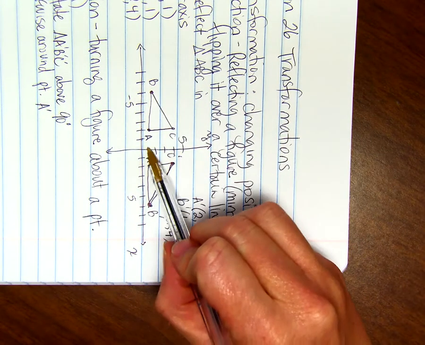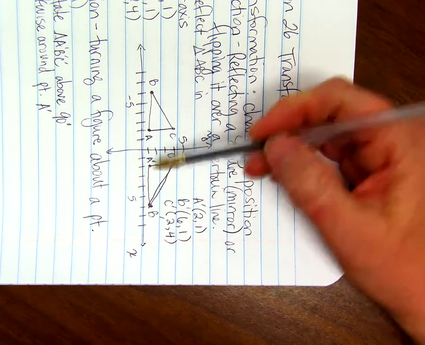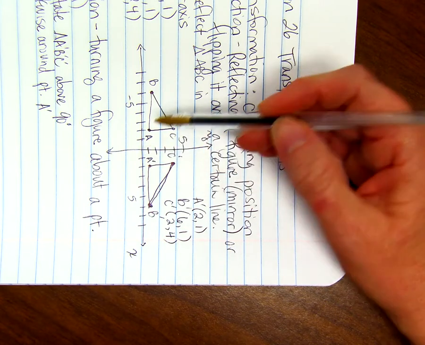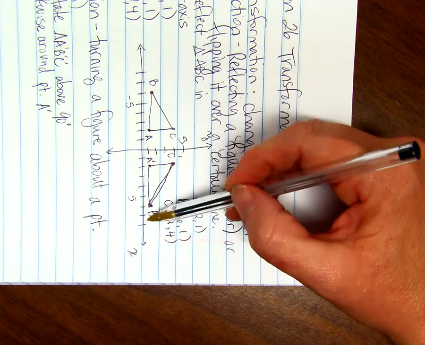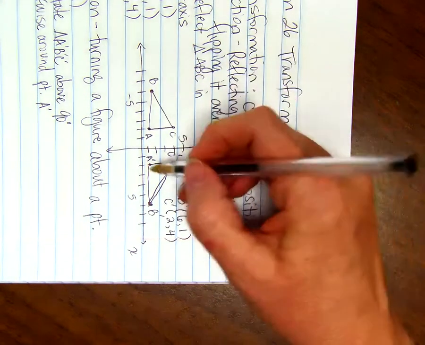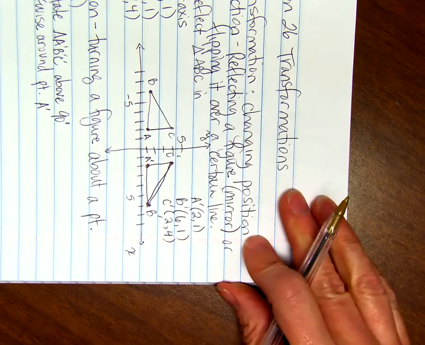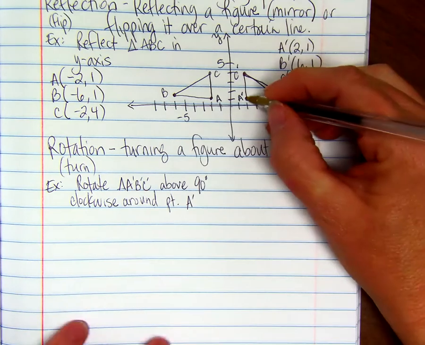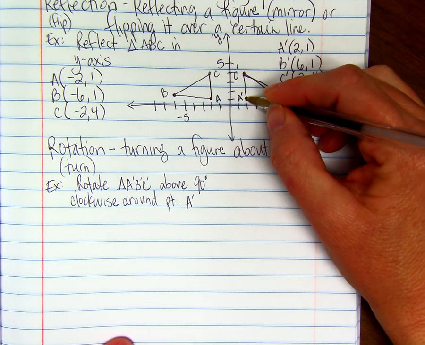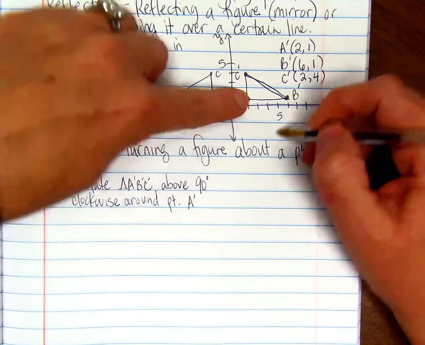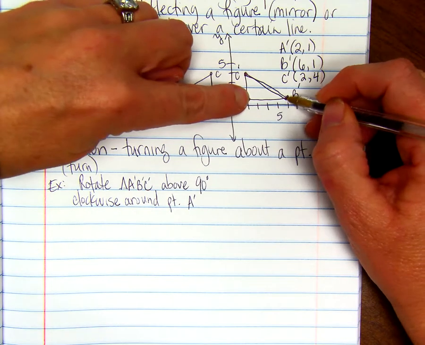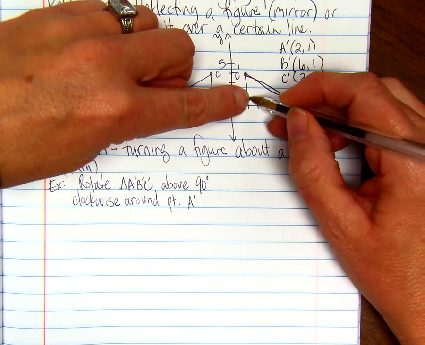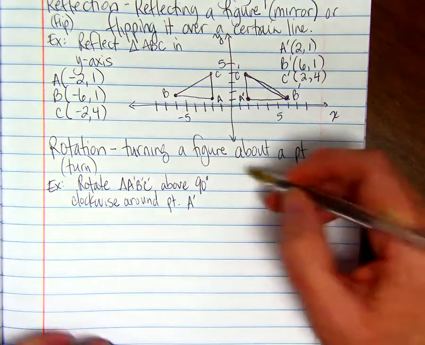So if I think of this as the positive x-axis and this as the negative, oh no, that's not going to work because that's turning it about the origin. So let's come back here. We're actually turning it right about point A. So the whole thing is just going to turn 90 degrees. So the B is going to come straight down from A instead of across to the right. It's going to come straight down.